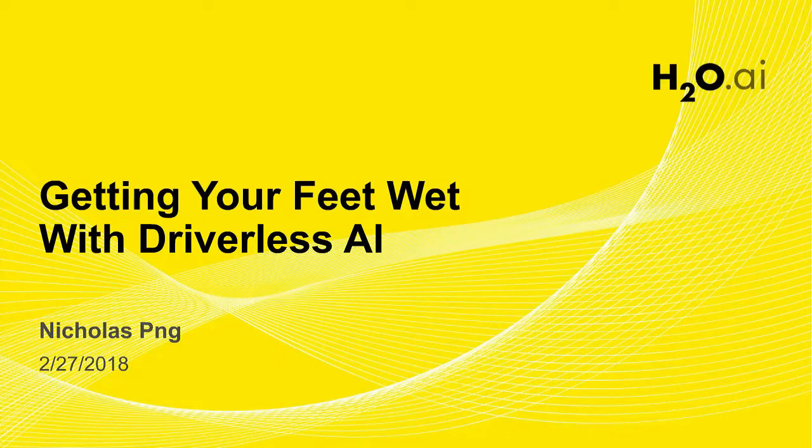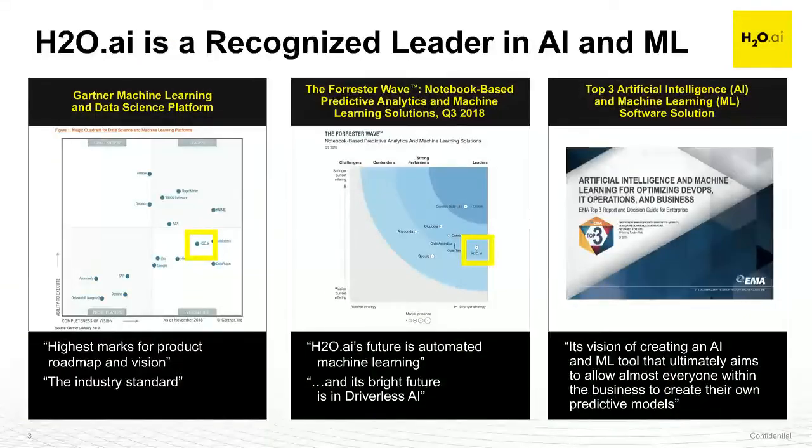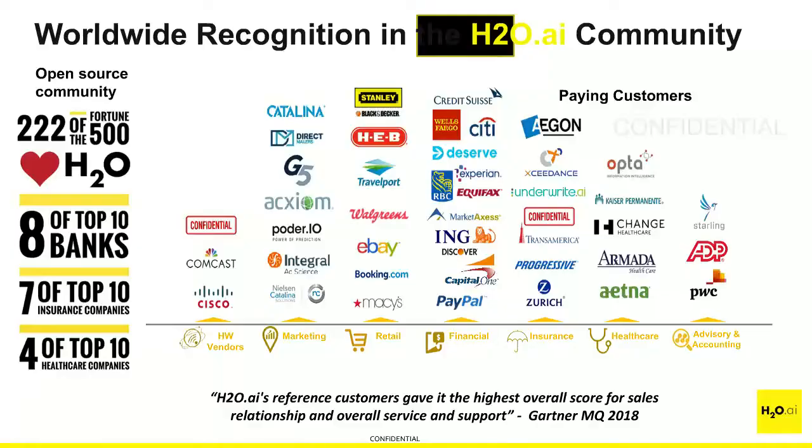And finally, we also have MLI, or machine learning interpretability, which is the ability to use other surrogate models and other algorithms to actually explain a much more complex model.